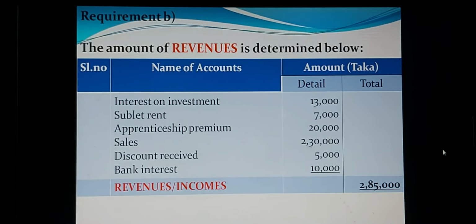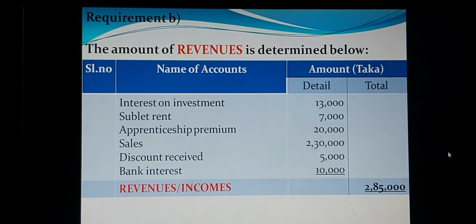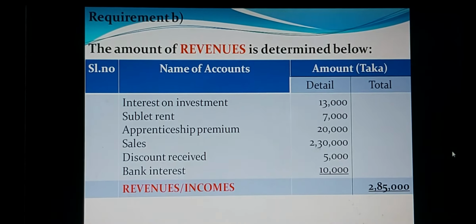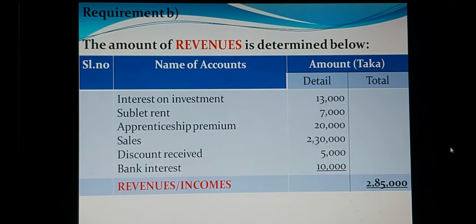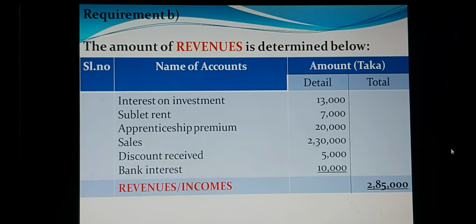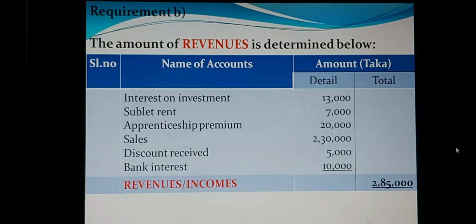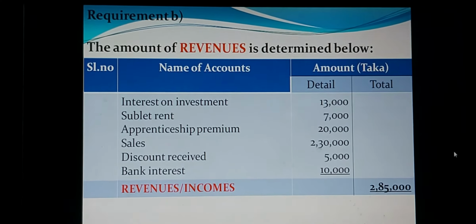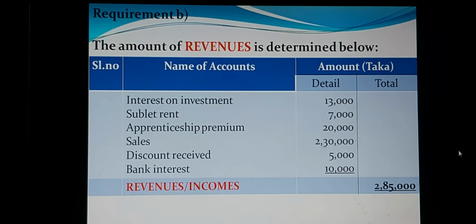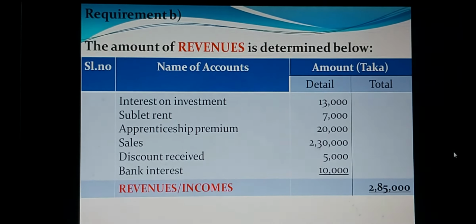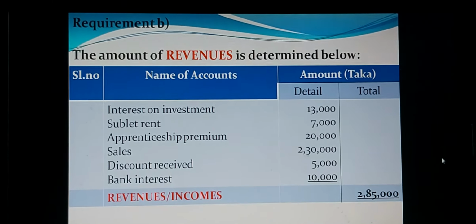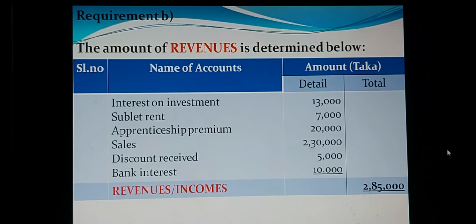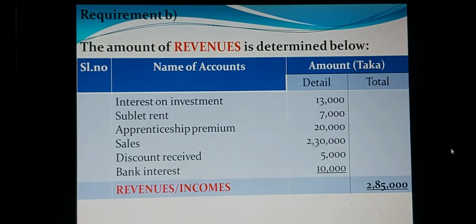Interest on investment, that is the amount of interest received for 13,000. Sublet rent, that is the amount of rent received from subtenant. This is also a revenue or income. Apprenticeship premium, it's another income or revenue.